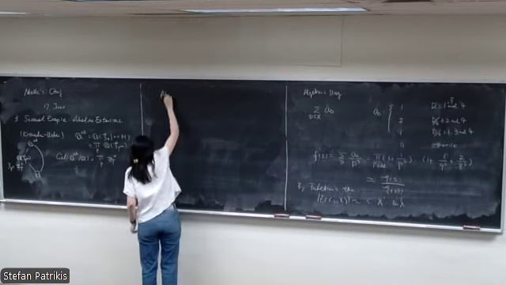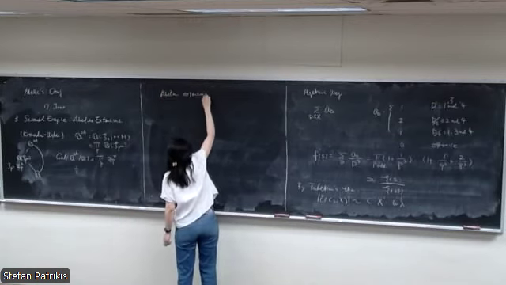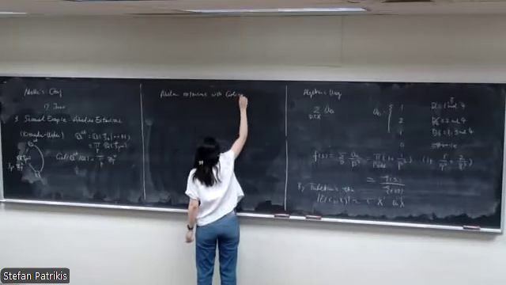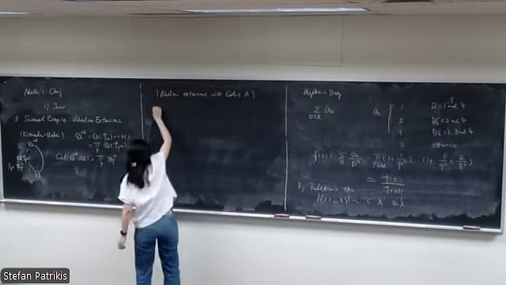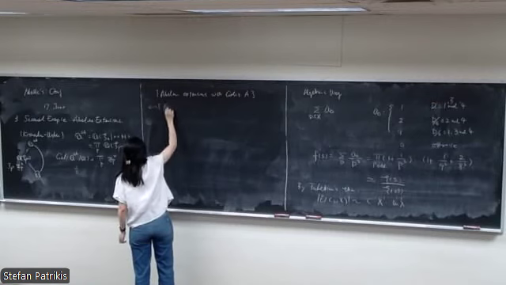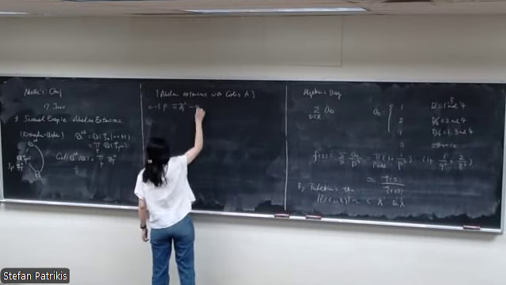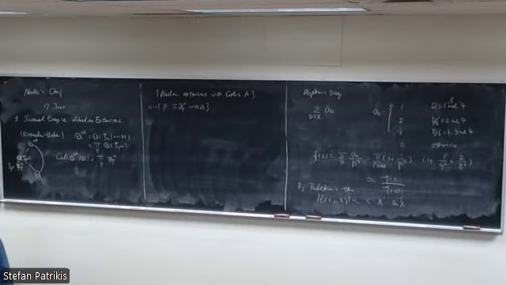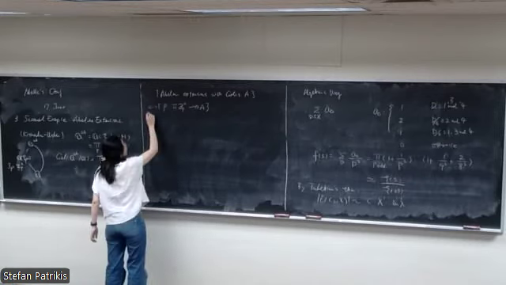The abelian extensions with group A are in bijection with surjections from this universe to A, maybe up to some automorphism.